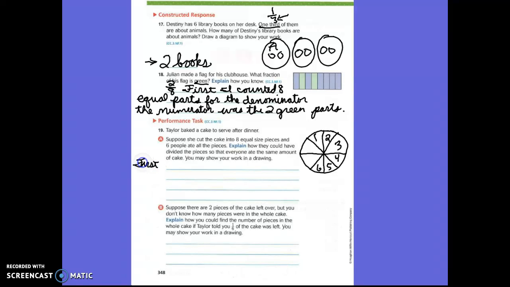First, I showed every person getting 1 piece of cake. Okay, we said there are 2 pieces left over.